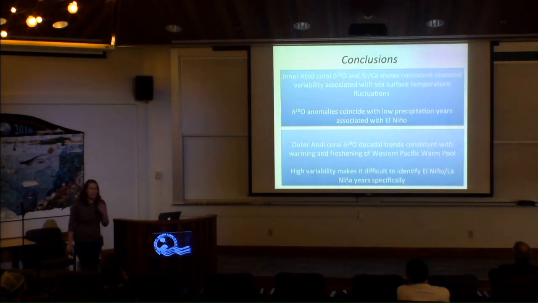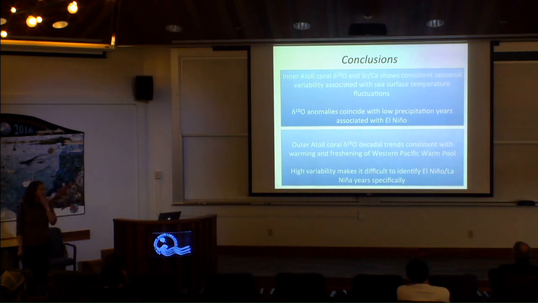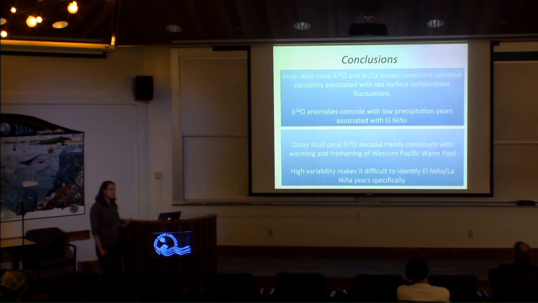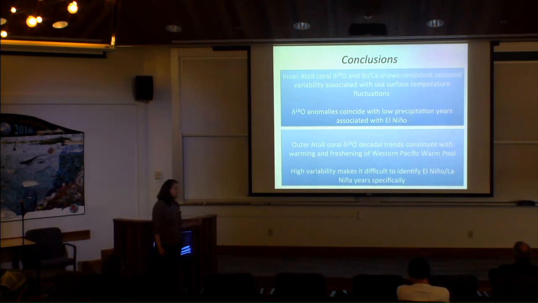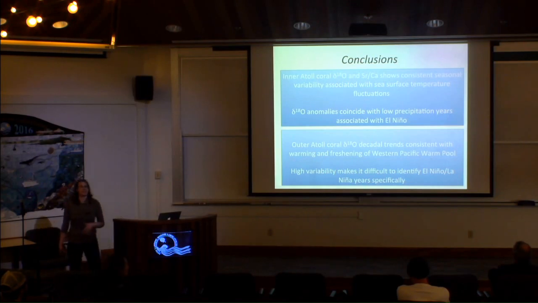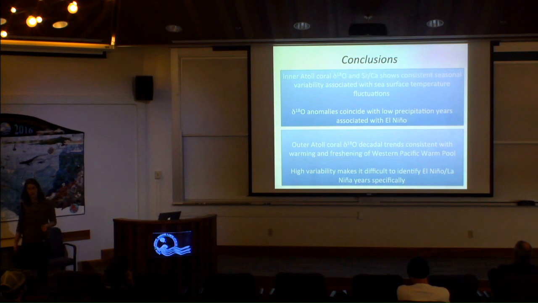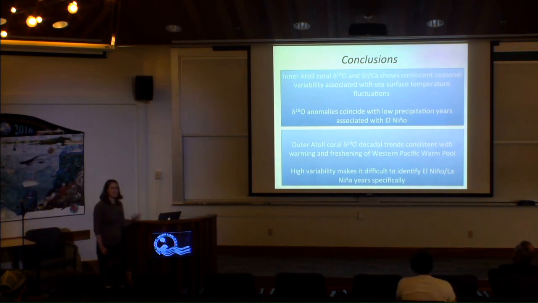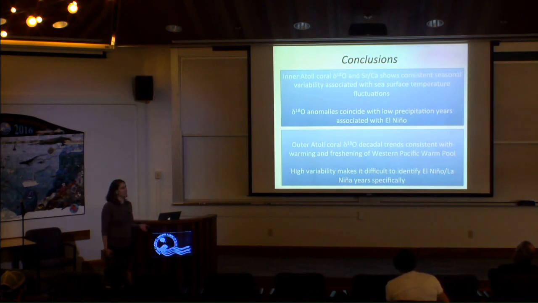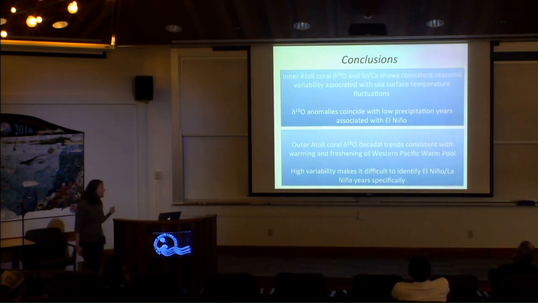So some of our basic conclusions from this work were that we do see some of this seasonal variability with the sea surface temperature fluctuations. We do tend to see some of these δ18O anomalies that are coinciding with low precipitation years. The outer atoll, we see some of these trends that are consistent with some of the published literature.